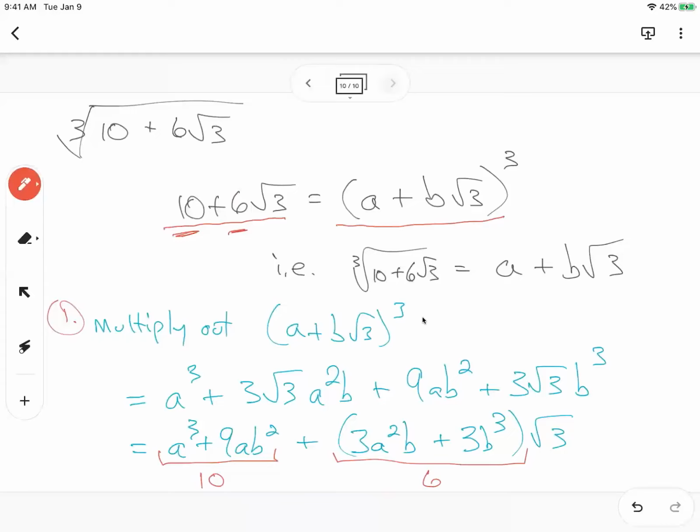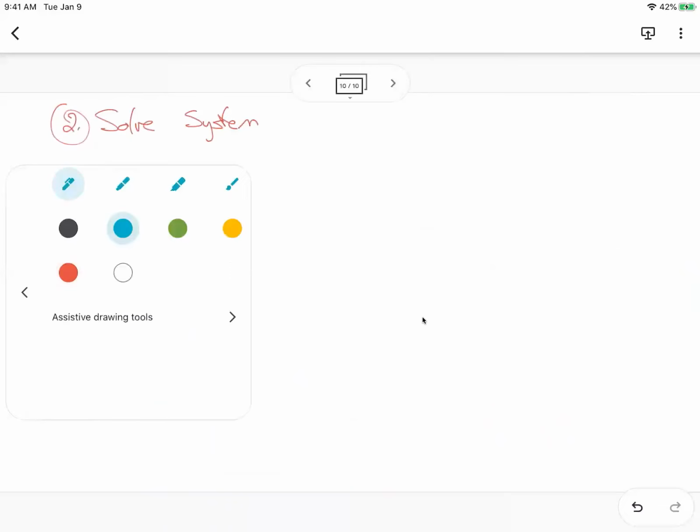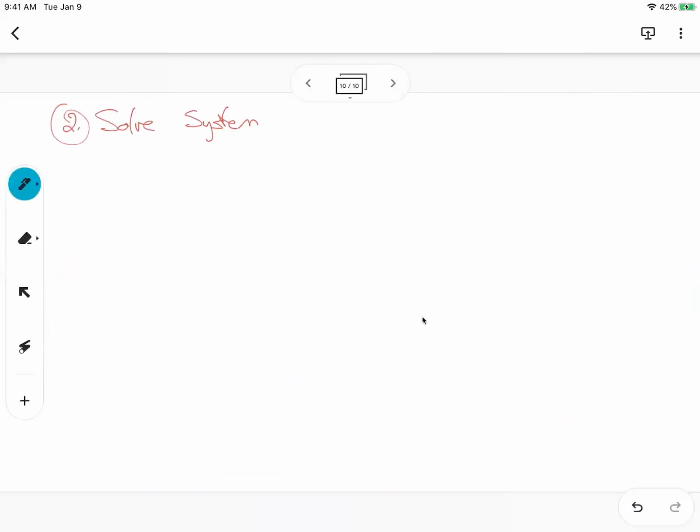So my next step is solve that system. So now I have a cubed plus 9ab squared equaling 10, and 3a squared b plus 3b cubed equaling 6.